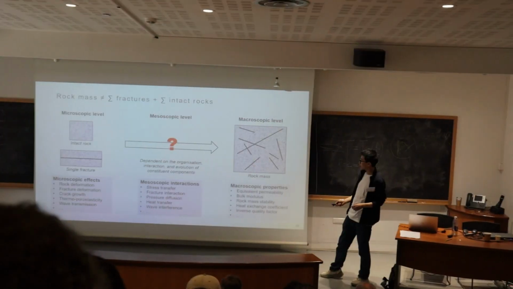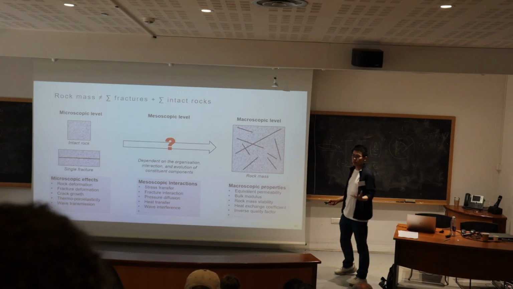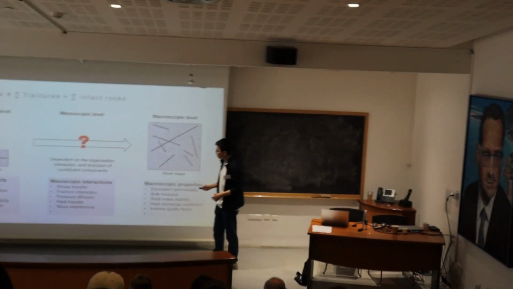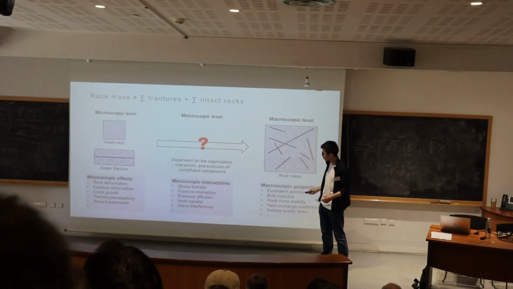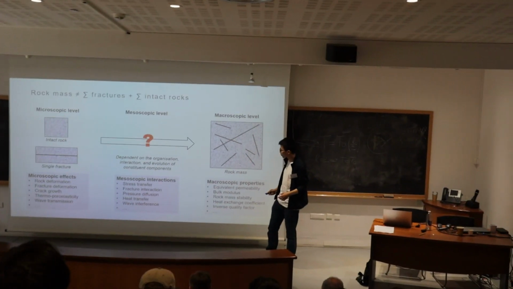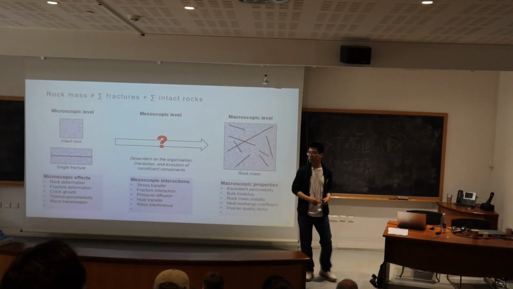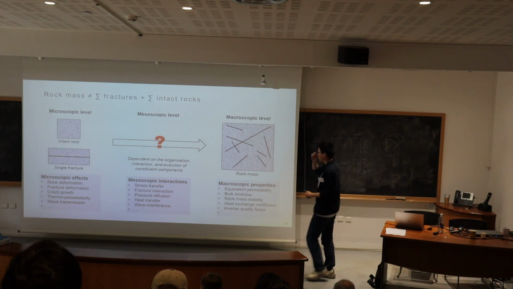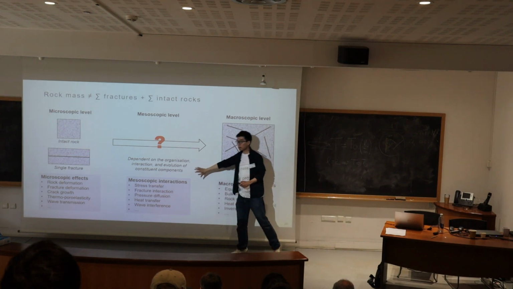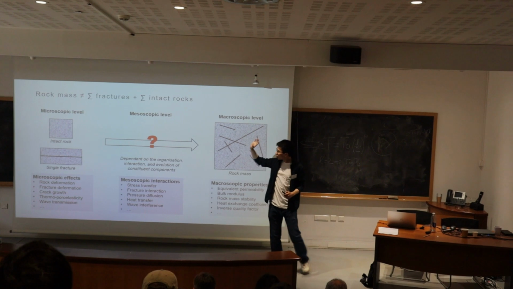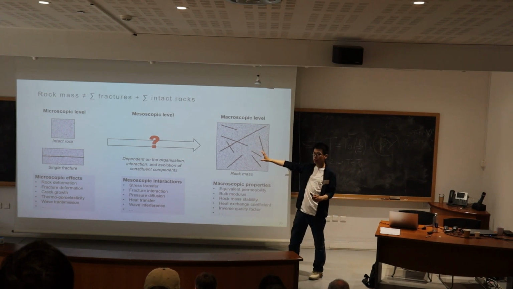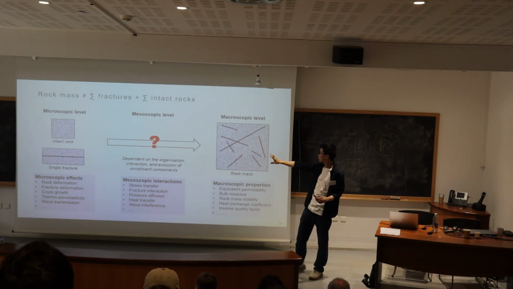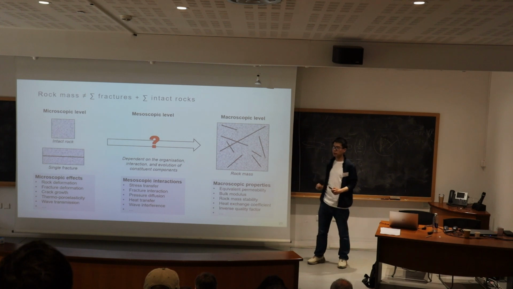And these interactions include several different multiphysical processes like stress transfer, fracture interaction, pressure diffusion, heat transfer, wave interference, etc. And multiphysics coupling is here to help us bridge the small-scale behavior of the fractures and rock to the large-scale properties of the system.